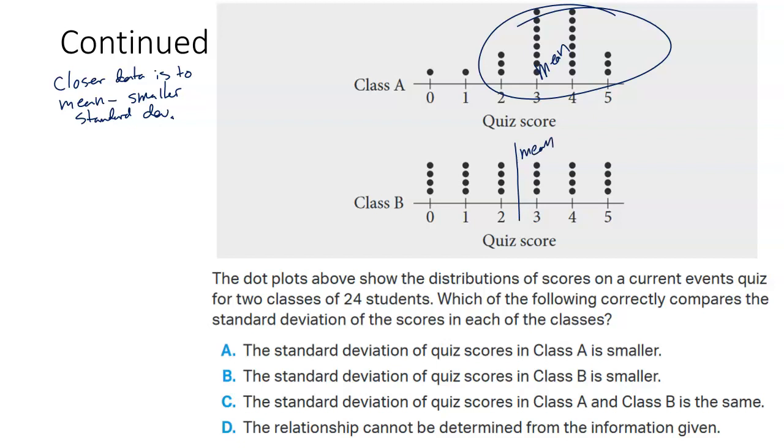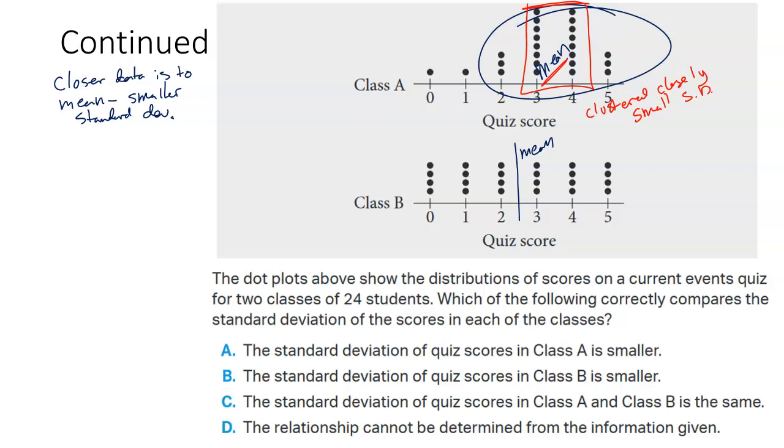Well, if we just take a quick look at the data points in each of those sets, we can see that if my mean is here in the middle, between 3 and 4, I have a lot of data points clustered really closely around that estimate of my mean. So everything is clustered closely together. So that means I'm going to have a fairly small standard deviation.